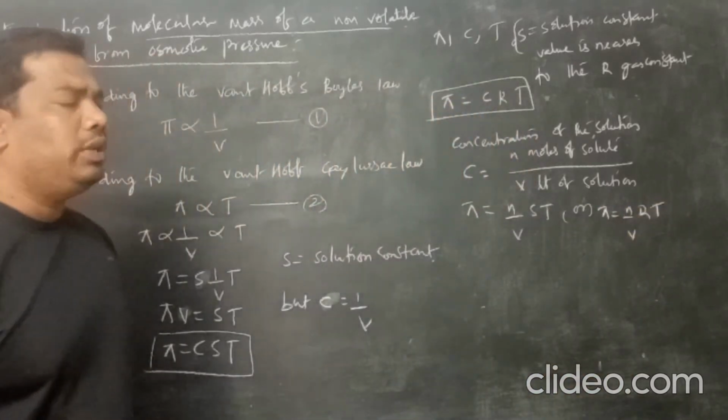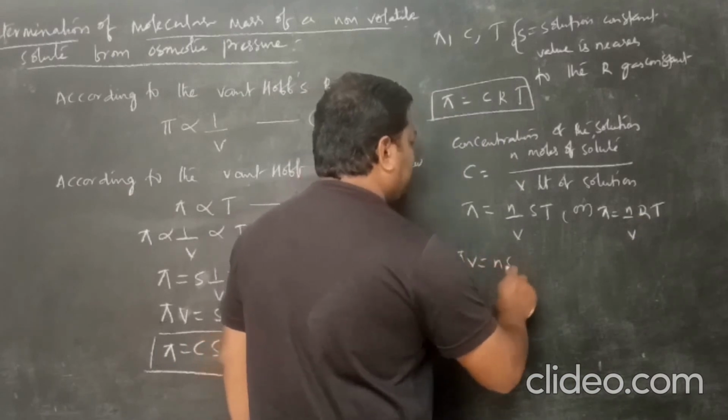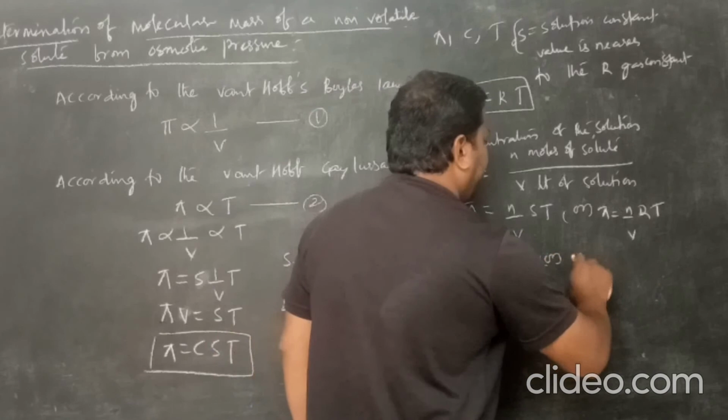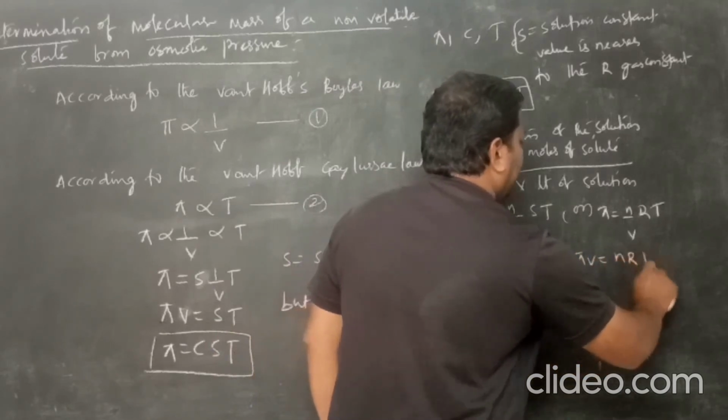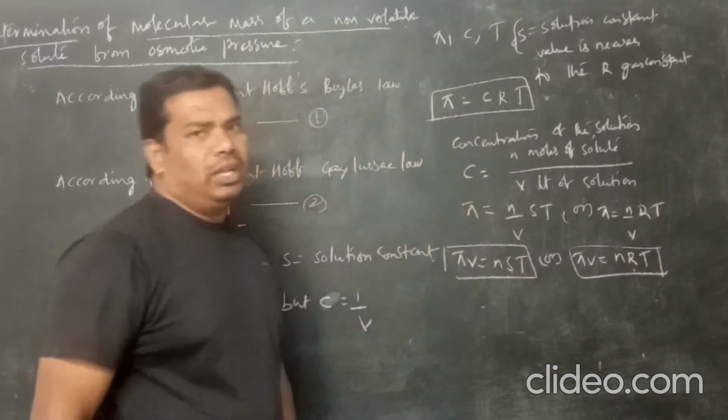Clear, students? So pi V is equal to n S T, or pi V is equal to n R T. Here it is the gas constant, and there it is the solution constant.